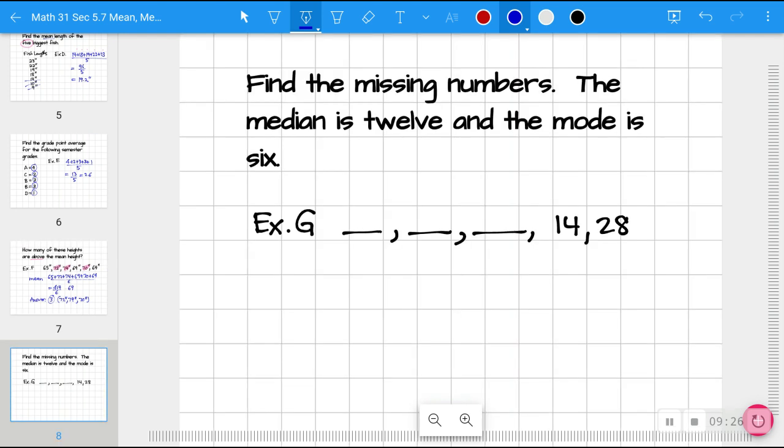Okay, I think this is the last slide here. We're supposed to find the missing numbers, and it tells us that the median number is 12, and the mode is 6. Well, by saying the median is 12, we know this number here has to be 12 because it's the middle number when they're in order.